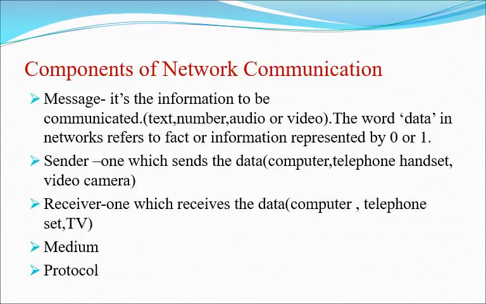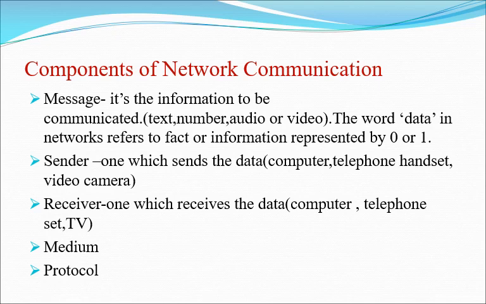Components of the network communication. Five major components are message, sender, receiver, medium, and protocol. What is a message? It is nothing but the information to be communicated. It will be in the form of text, number, audio, or video. The word data in a network refers to the fact or information represented by binary 0 or binary 1. Next is sender. Sender is one who sends the data.